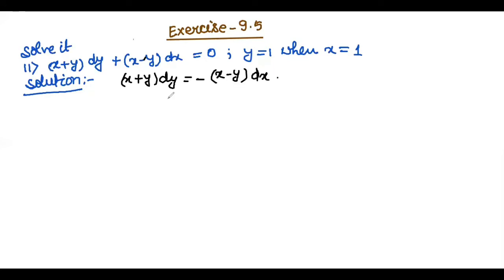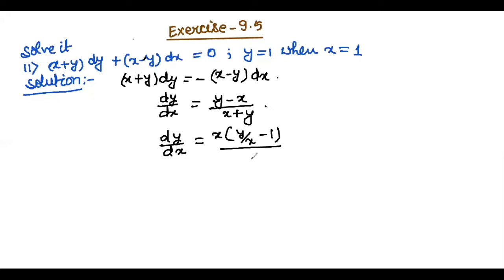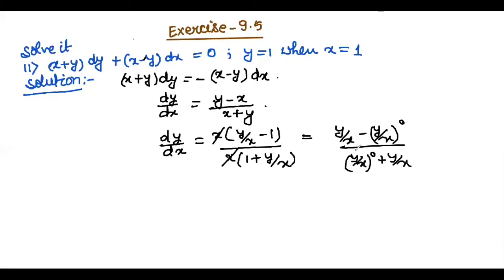Now dy/dx = (y − x)/(x + y). To change it into homogeneous form, we take x common from the numerator and denominator, so we have (y/x − 1)/(1 + y/x). Now x cancels, so we have (y/x − (y/x)^0)/((y/x)^0 + y/x). You can see each term is in the form of y/x, so this is a homogeneous differential equation.